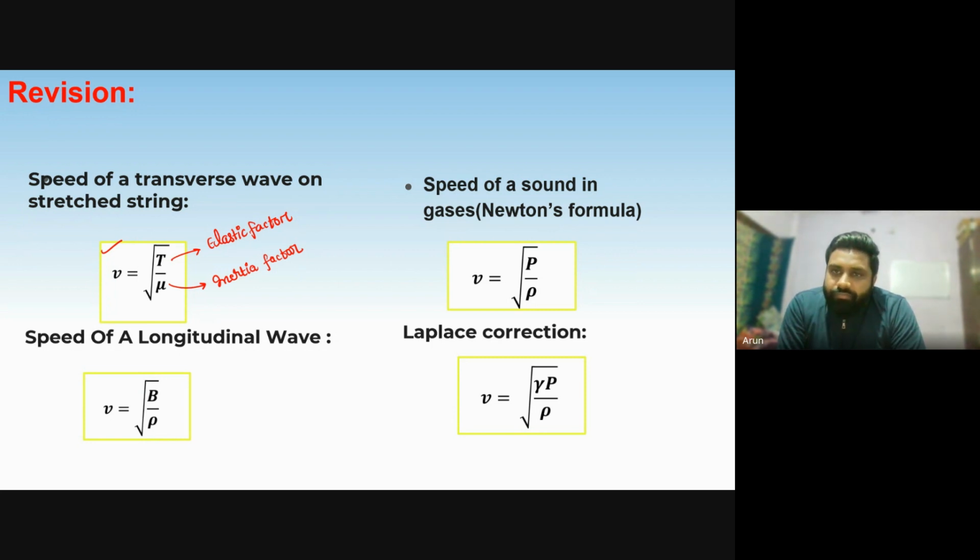Now the speed of a sound wave in gases is given by the Newton formula. What did Newton consider here? Anyone remember? Tell me how we reached this formula.